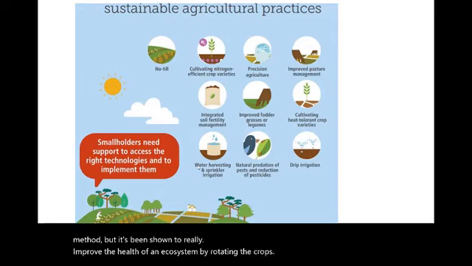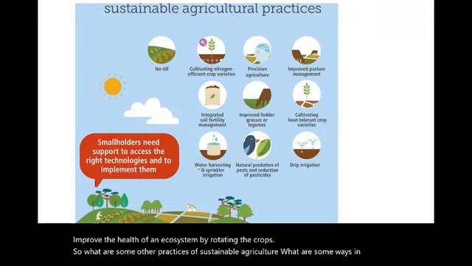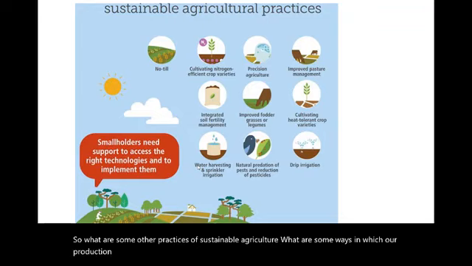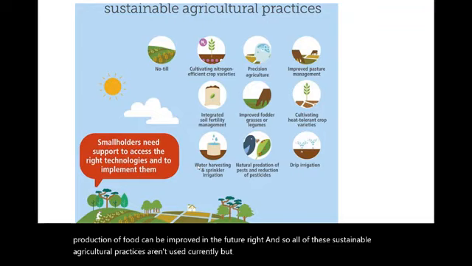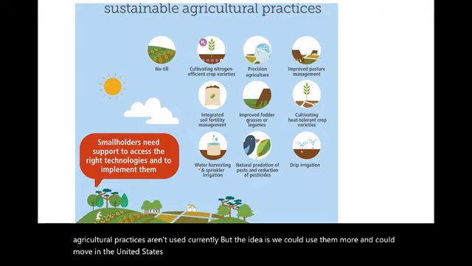So what are some other practices of sustainable agriculture? What are some ways in which our production of food can be improved in the future, right? All of these sustainable agricultural practices aren't used currently, but the idea is we could use them more and move in the United States more towards sustainable agriculture.